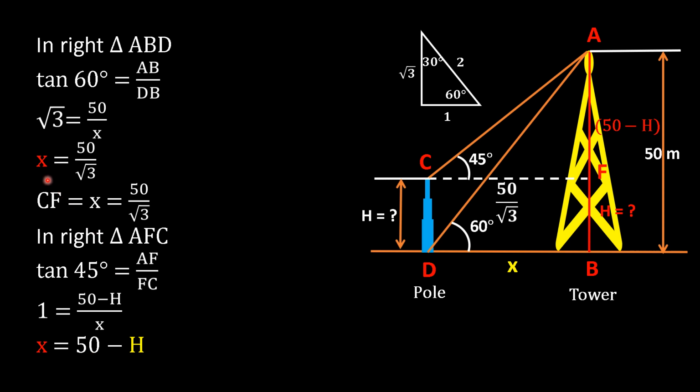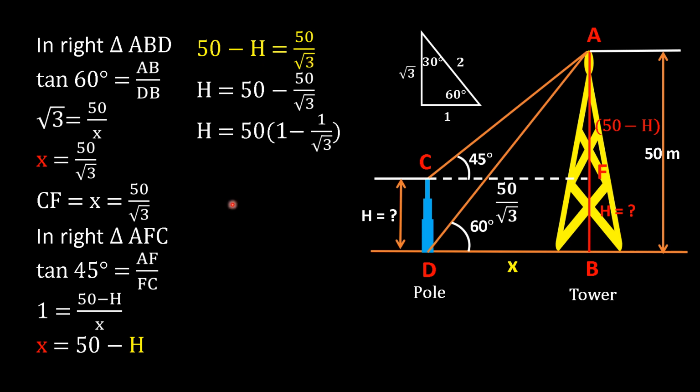We have X equals 50 divided by root 3 also. So we write 50 minus H equals 50 divided by root 3. So H becomes equal to 50 minus 50 divided by root 3. H goes to the right, 50 divided by root 3 goes to the left. Taking 50 as the common factor, it will be 50 times 1 minus 1 divided by root 3.